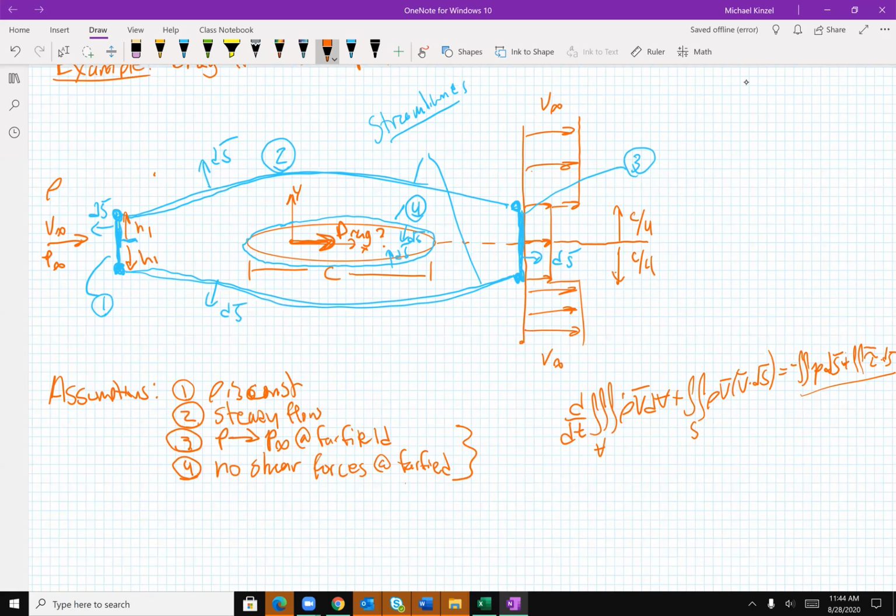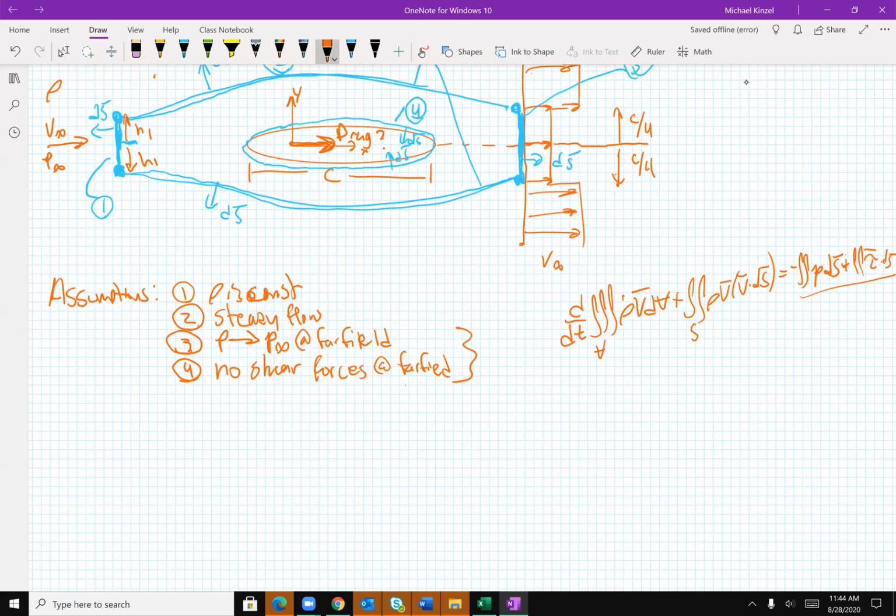We're going to call it H1. How do we close that out? We use conservation of mass, which yields H1, the starting point of the streamline. Okay, so this is where we're going.